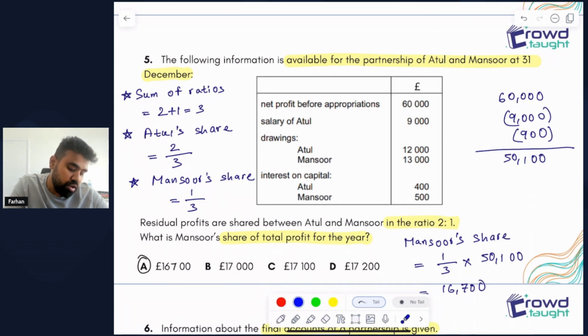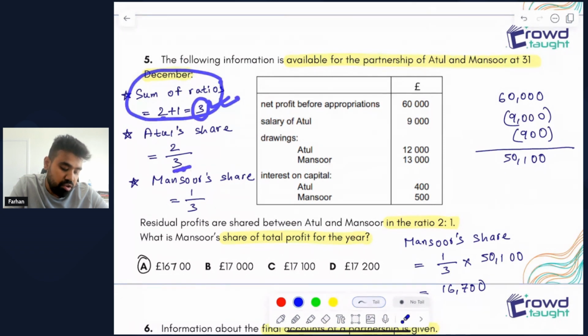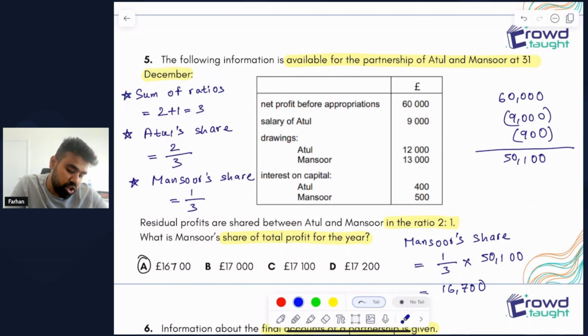So how are we going to divide this £50,100 available for distribution? We first need to calculate the sum of the ratios, which is to add the 2 with 1, and we have 3. Then this sum of the ratios will be used as the main base to calculate the relevant proportion for each partner. So Atul's share is 2/3 based on the ratio given here. Atul accounts for 2 while Mansoor accounts for 1 out of the total of 3.